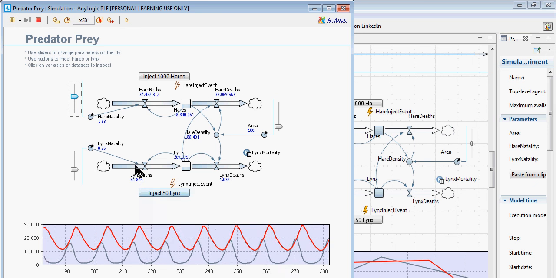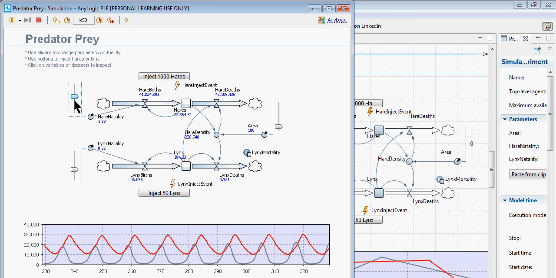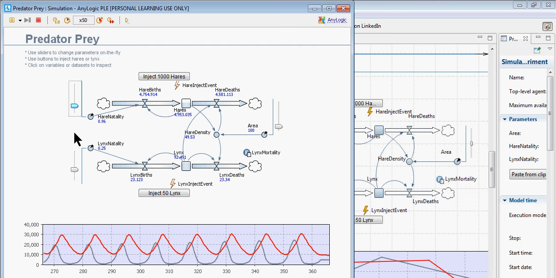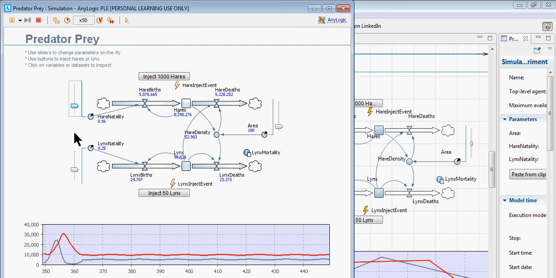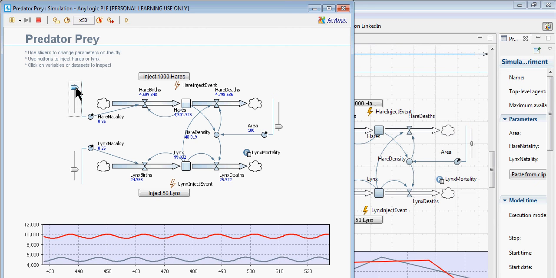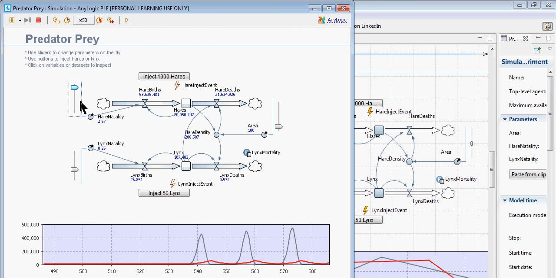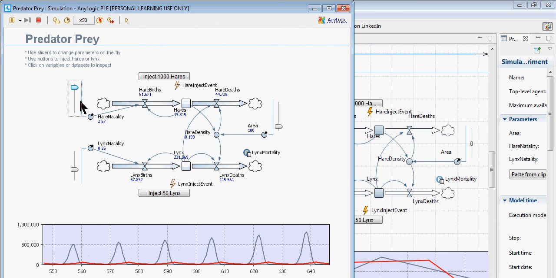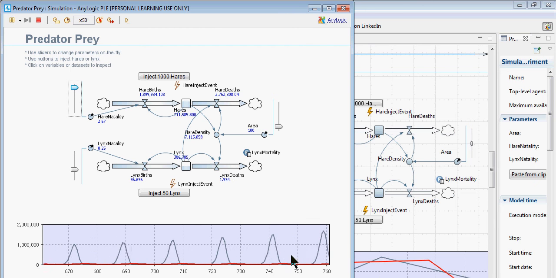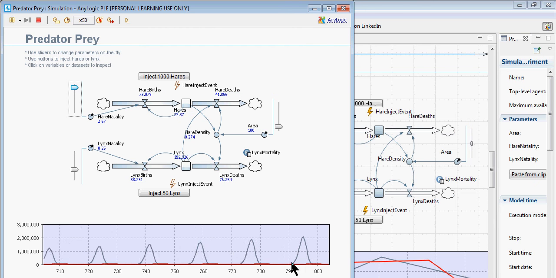Now, we could run this, and we could speed it up. This little button will speed it up, and we can see that there's a certain dynamics elicited. These dynamics involve changing, fluctuating populations here, okay? Now, we could scroll up some of these parameter values, assume, for example, a higher level of hare births, and now we'll see correspondingly different patterns. We're assuming that hares have a higher birth rate.